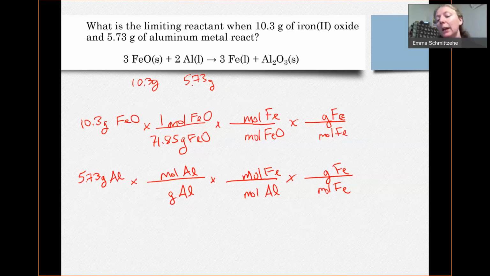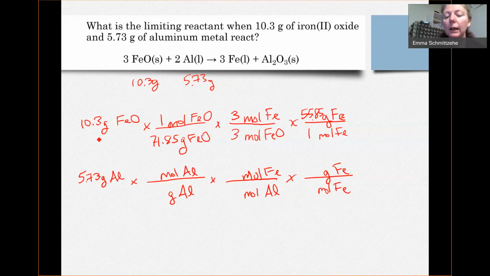And then the next ratio is a mole to mole ratio between iron and iron(II) oxide. So the iron has a 3, the iron(II) oxide also has a 3. And then the next ratio is relating grams and moles of iron. So I need the molar mass of iron. So that's just 55.85 grams per 1 mole.